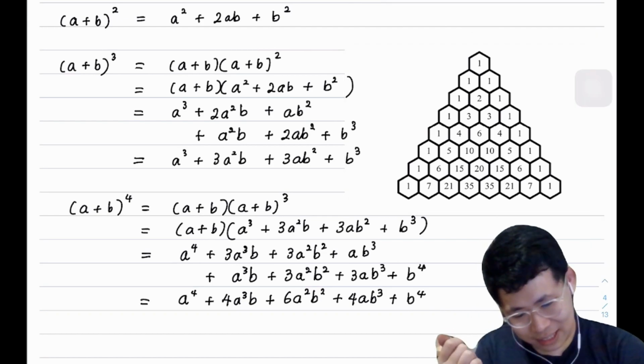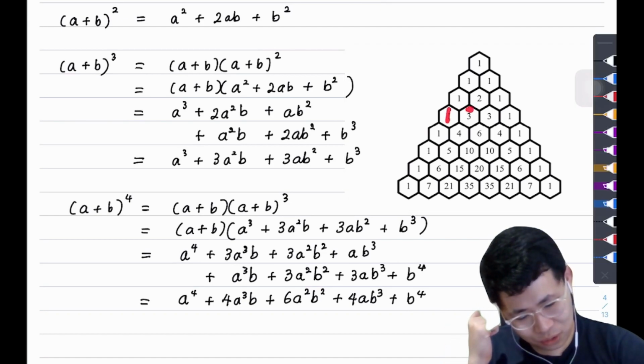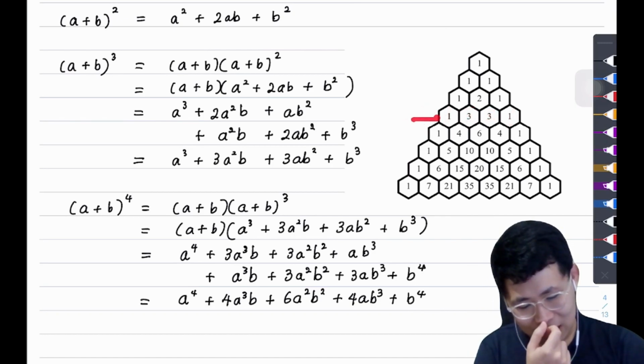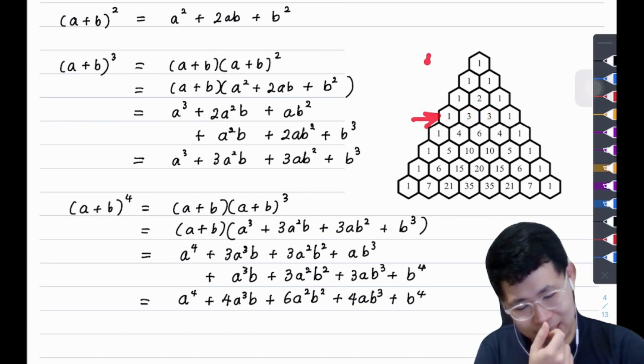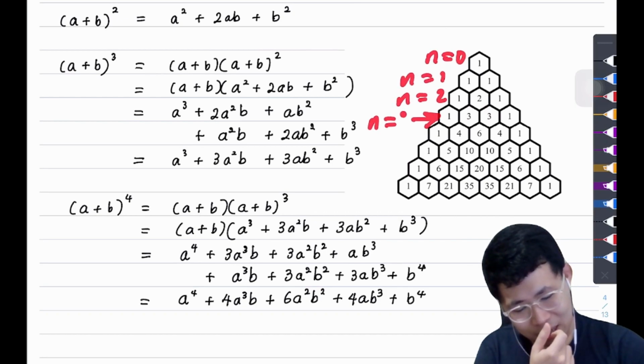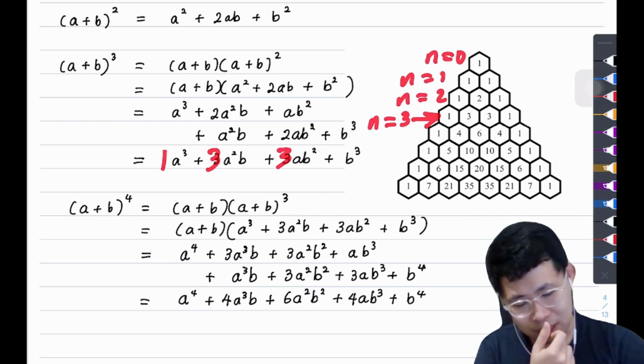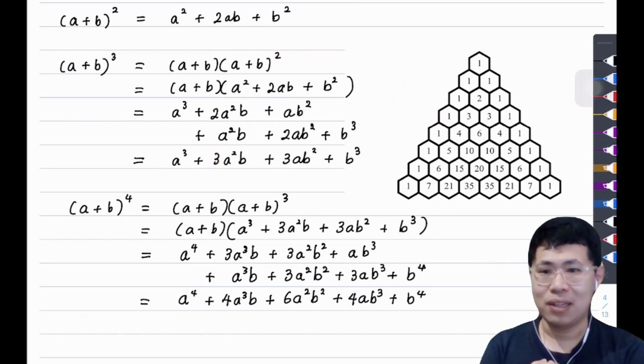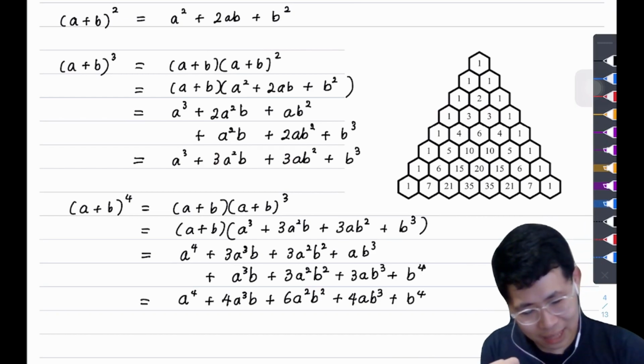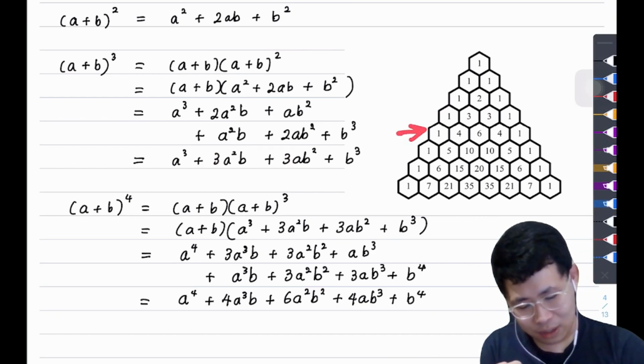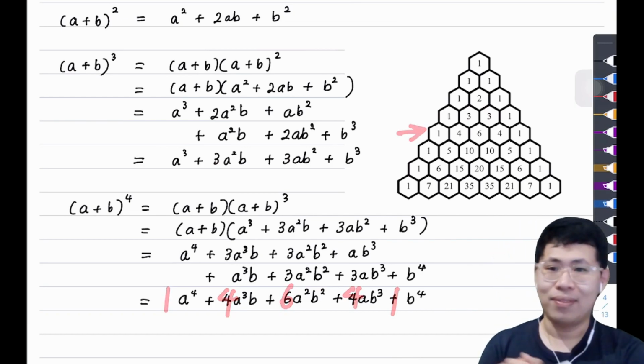So if you see this one over here, 1, 3, 3, 1, if you check out this row, this is n equals to 0, n equals to 1, n equals to 2, n equals to 3. So the coefficients are 1, 3, 3, 1, as you can see from the Pascal triangle. So when n is equal to 4, 1, 4, 6, 4, 1, right?